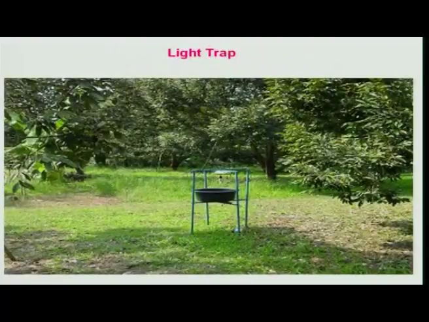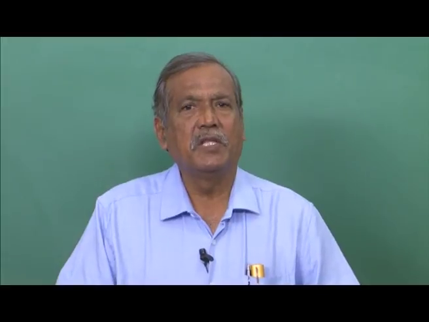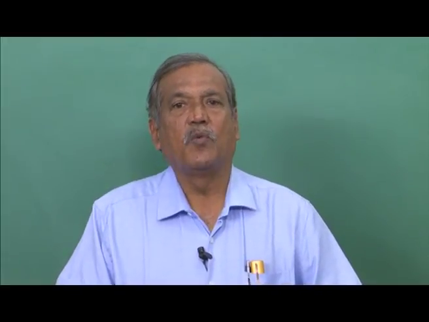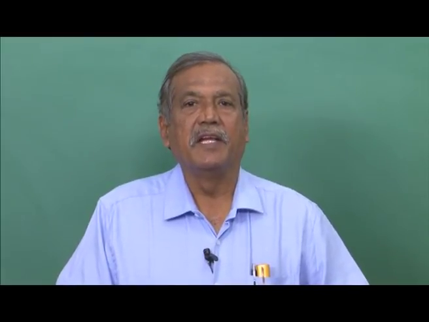For example, I have here in an orchard a simple light trap having a mercury bulb as the light source for physical intervention, and a water tub with water in it, with some kerosene or insecticide solution put into that tray, so that whatever insects are attracted to this light will fall into this water, and because of the kerosene or the insecticide, the insects will be killed.